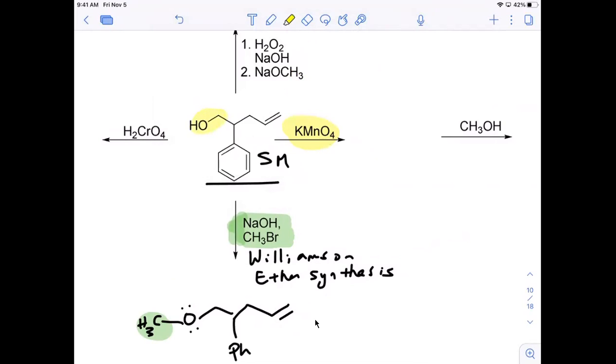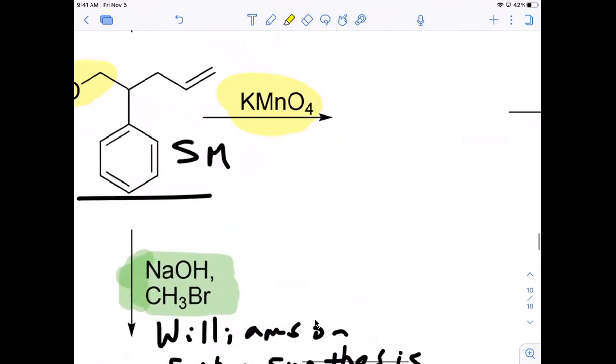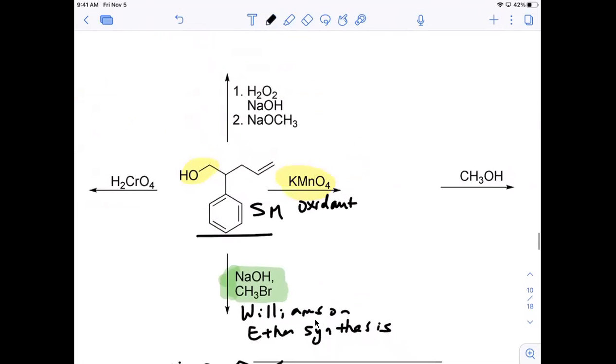For many of these reactions, we're looking at the alcohol as the functional group that's going to react. There's only one that doesn't react with the alcohol, and this, we haven't touched it yet. So with this, it's the alcohol that's the functional group that's reacting. So I got that, potassium permanganate. What am I going to get from that? A carboxylic acid. Carboxylic acid, excellent.